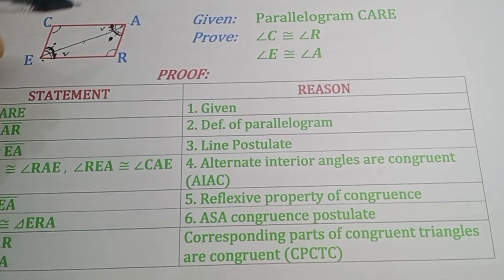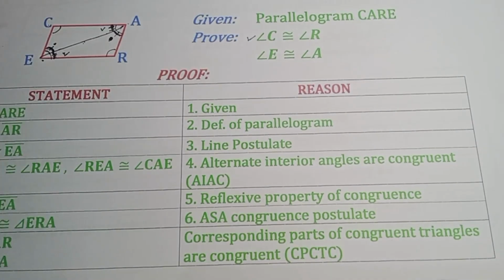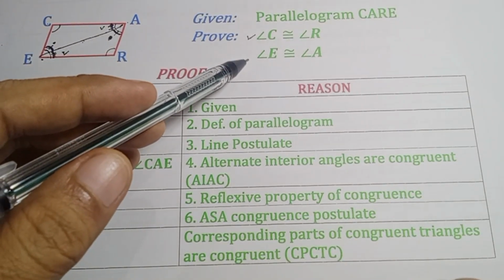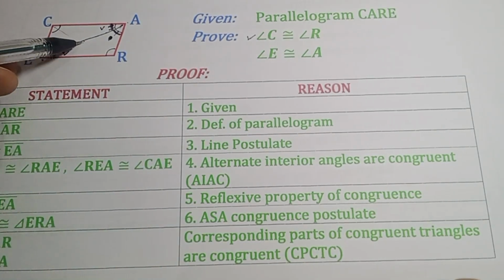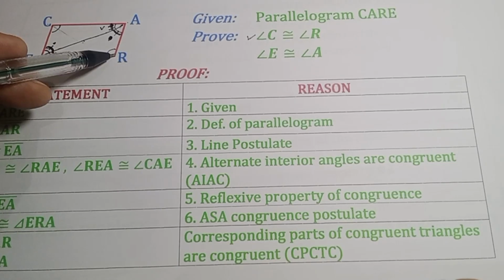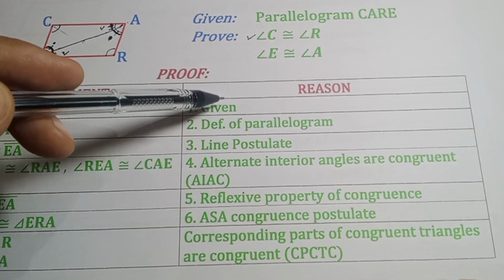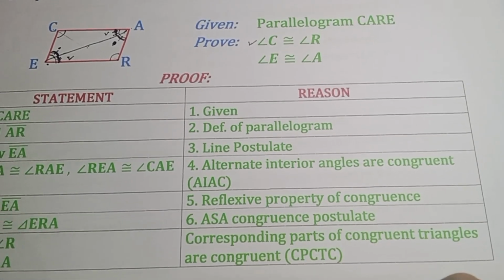So we prove that C is congruent to R. Now, we can also prove angle E is congruent to angle A by making another diagonal here. And I will give that to you as your job. You can have the same reason. And your statements here will have different letters. Okay? So that's it.